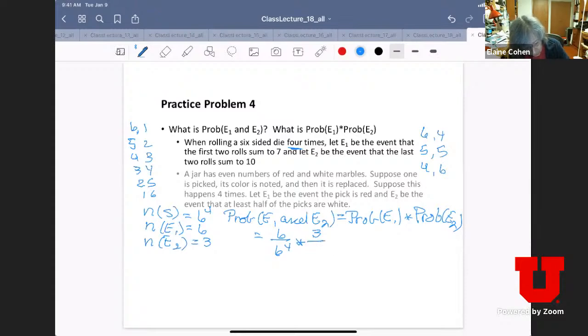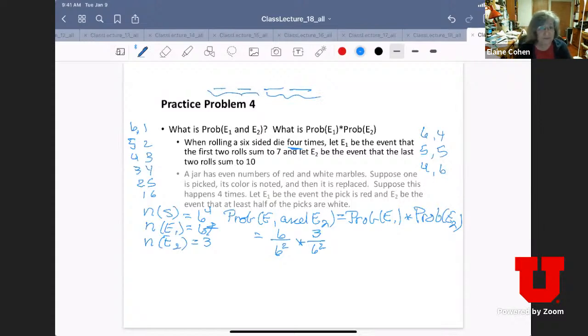We're only rolling it twice. Sorry. So we're looking at the whole space, but remember, these are only partial probabilities. So this is 6 over 6 squared, and this is 3 over 6 squared, because we're only looking at grouping the first two and the second two.